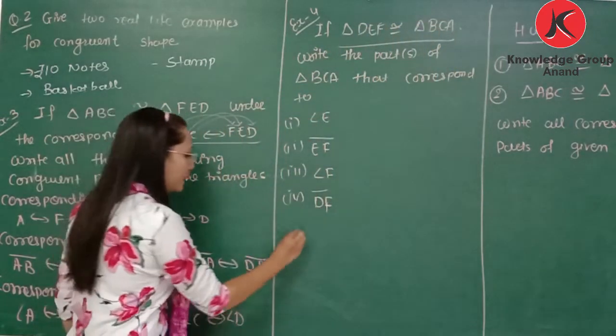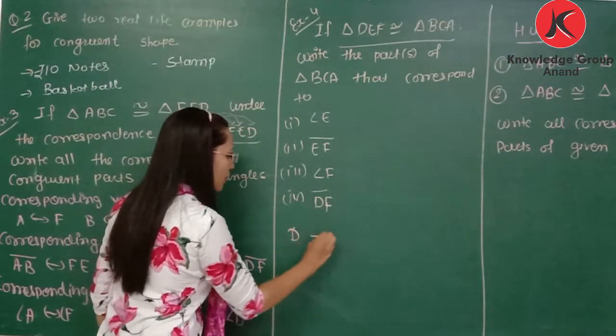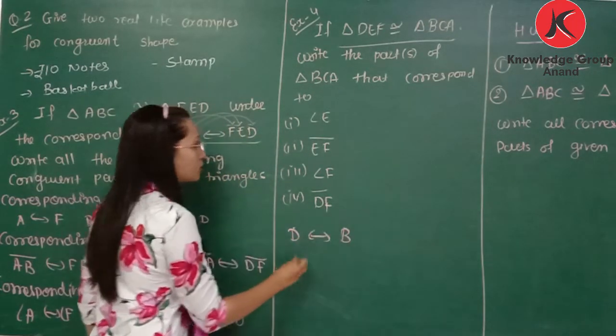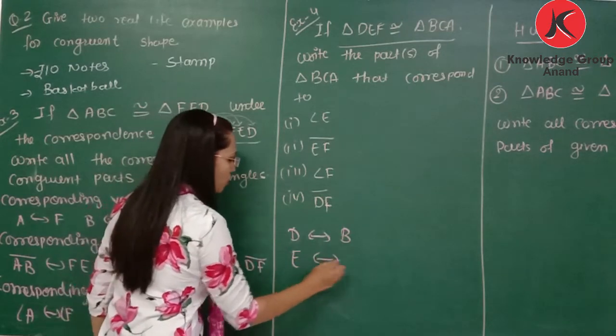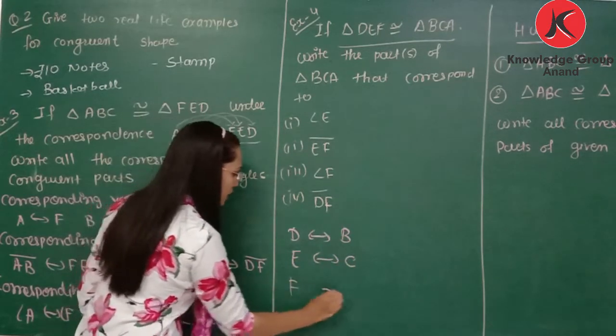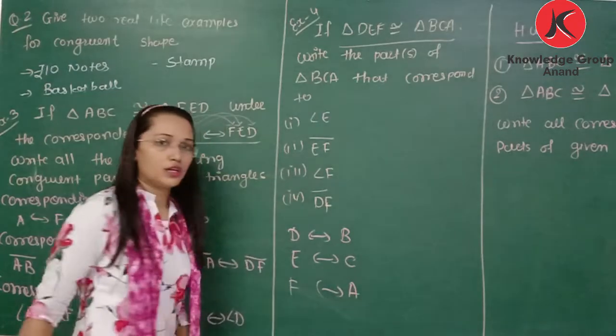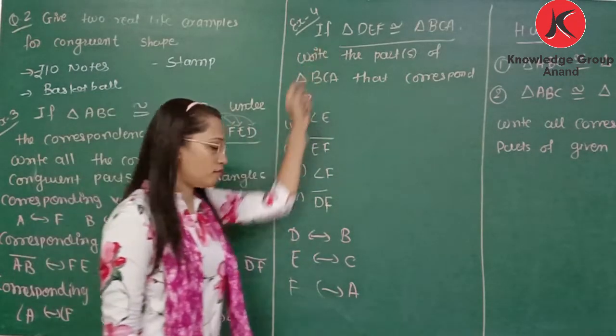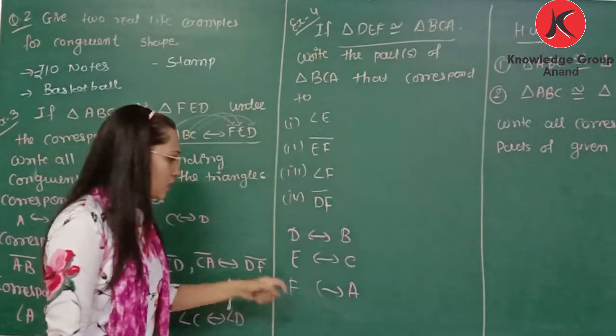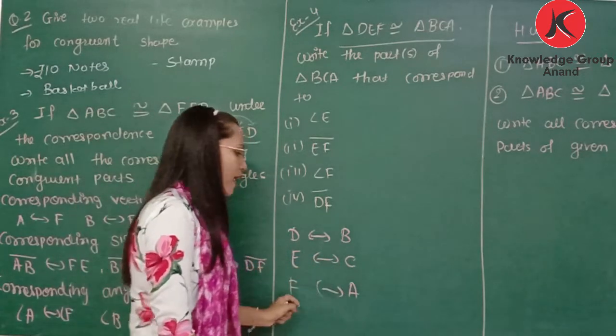It means D corresponds to B, E corresponds to C, and F corresponds to A. Clear? Under this correspondence you can write D corresponds to B, E corresponds to C, and F corresponds to A.